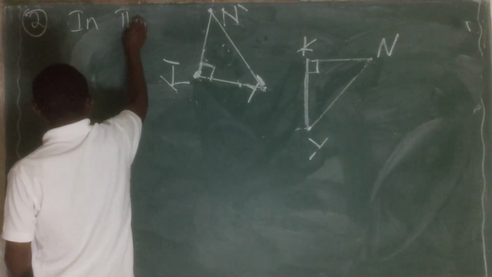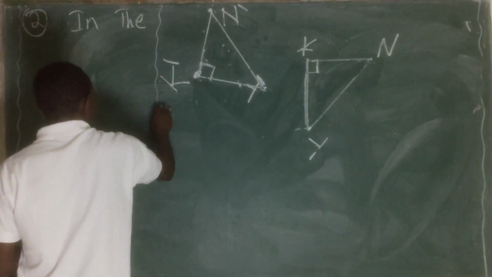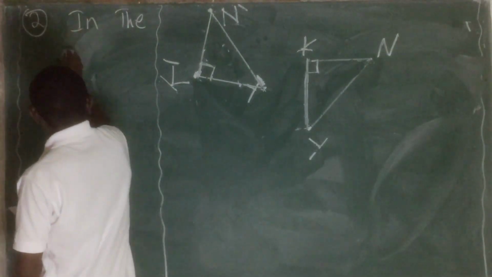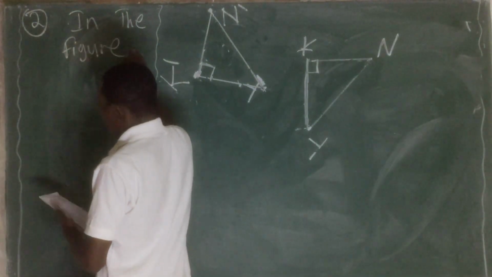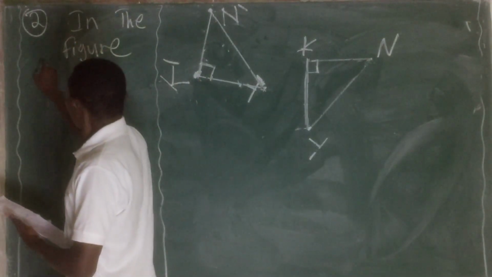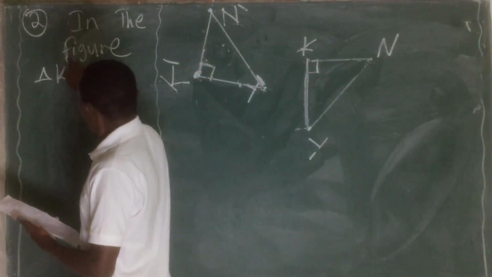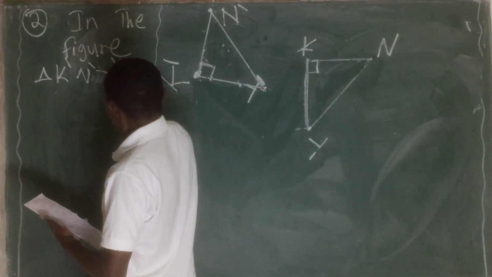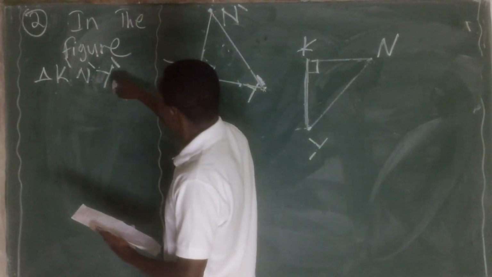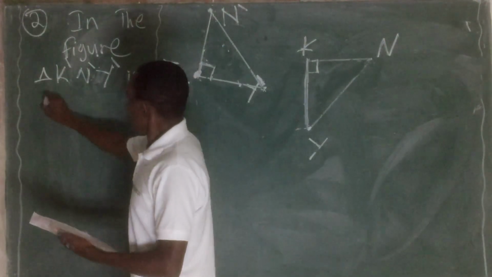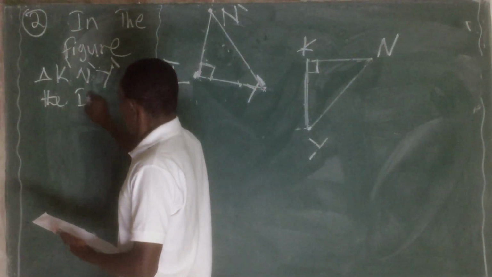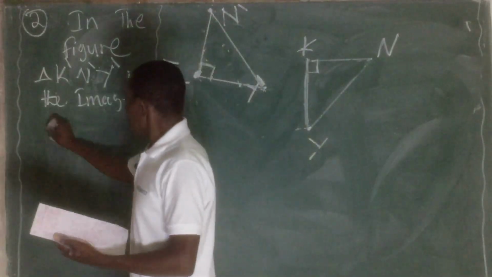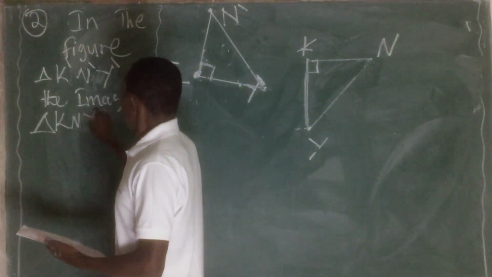In the figure, let me create a space here for the question. In the figure, we have a triangle KNY, and that's K prime N prime Y prime. We are told it is the image of the triangle KNY.